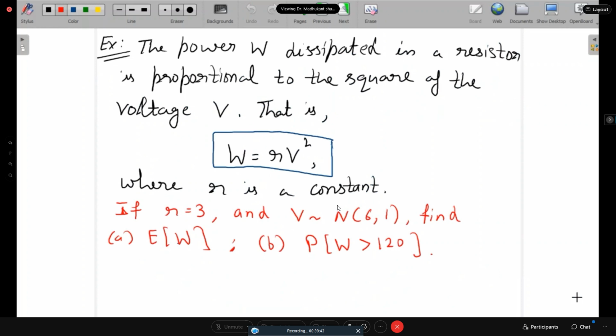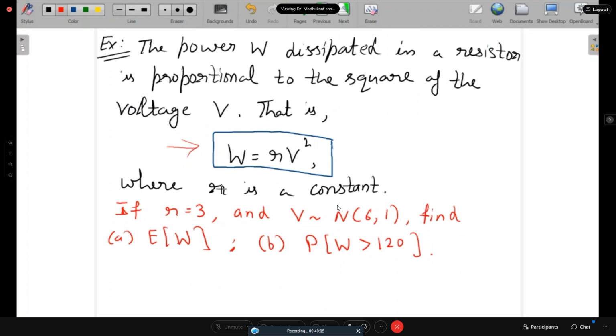So let's take one other example. The power W dissipated in a resistor is proportional to the square of the voltage V. That is, W is equal to R times V square, where R is a proportionality constant.